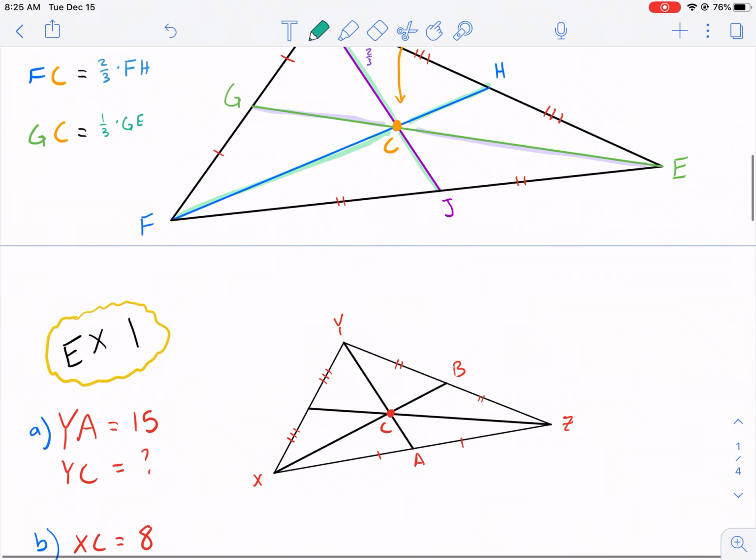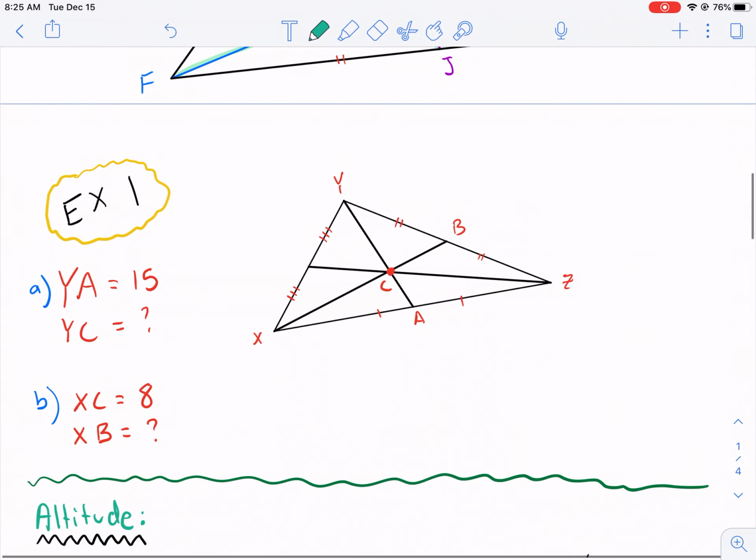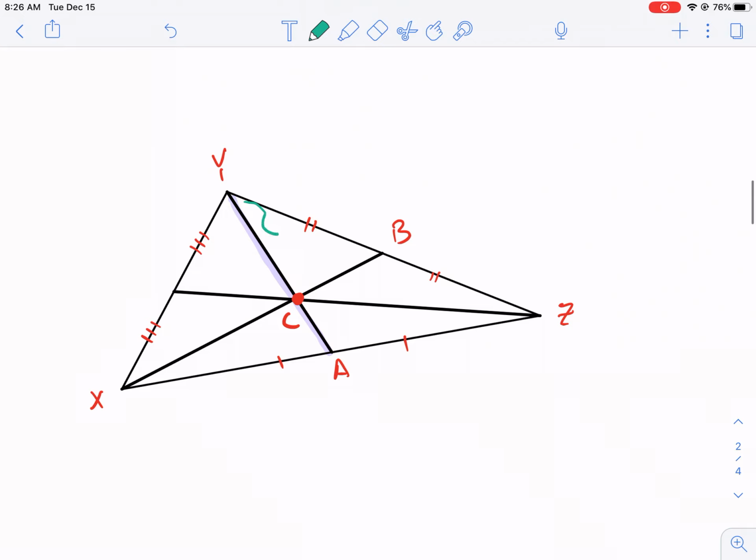So let's get into some examples. Example 1, YA equals 15. So this whole length equals 15. What does YC equal? Well, we already know that YC is the bigger portion. Okay, so this is the 2/3 portion, and this is the 1/3 portion.